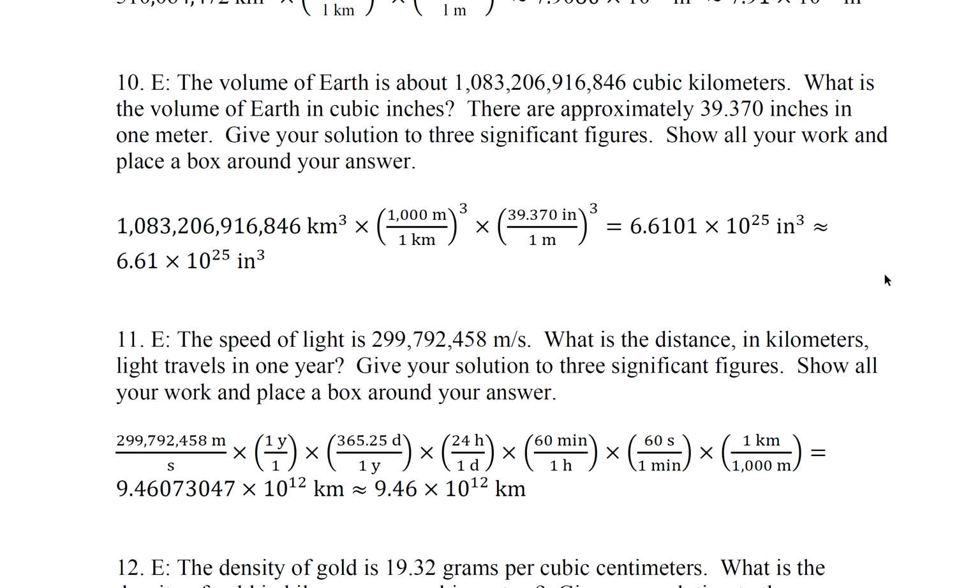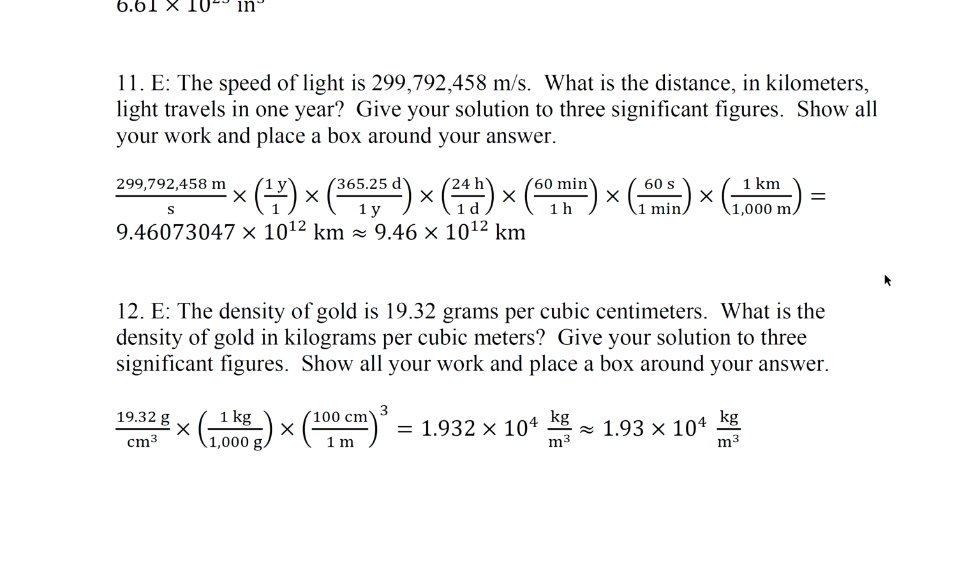And we have 39.370 inches divided by 1 meter, and we have to cube that because we want inches cubed. So kilometers cubed in the numerator cancels with kilometers cubed in the denominator. Meters cubed in the numerator cancels with meters cubed in the denominator. So now we just get inches cubed.